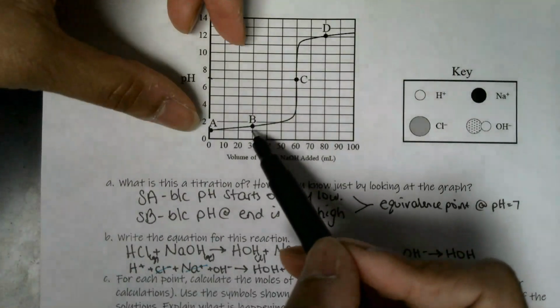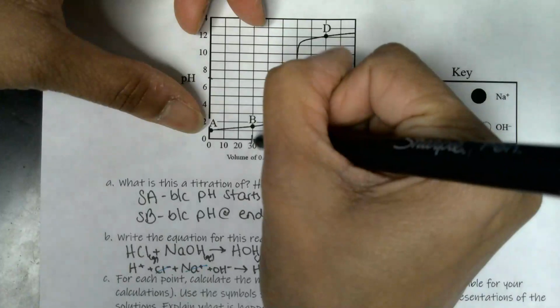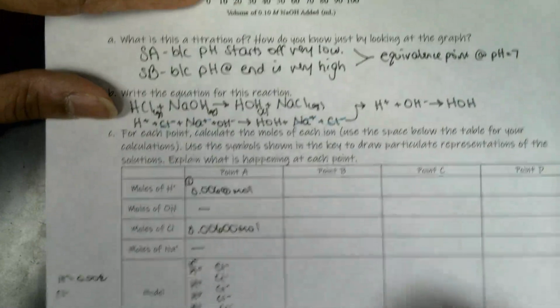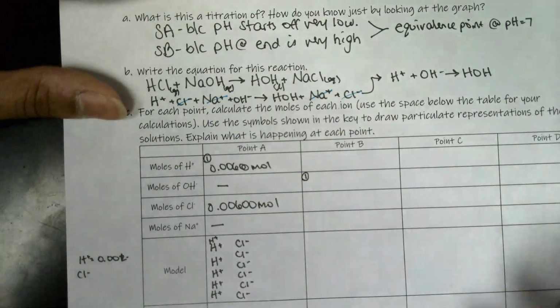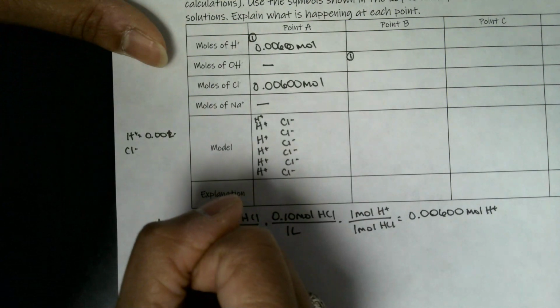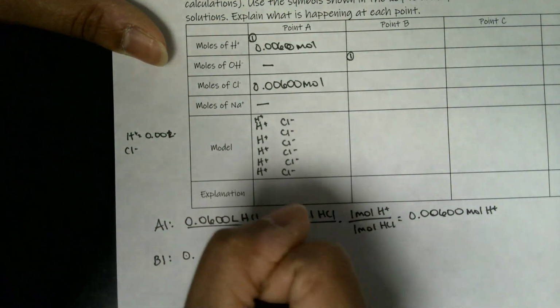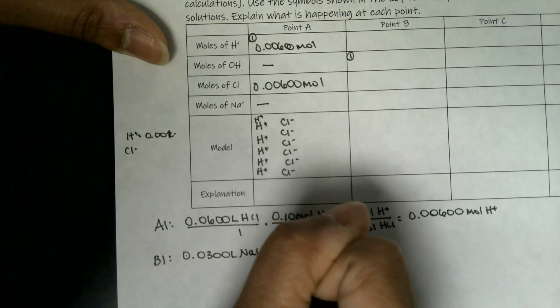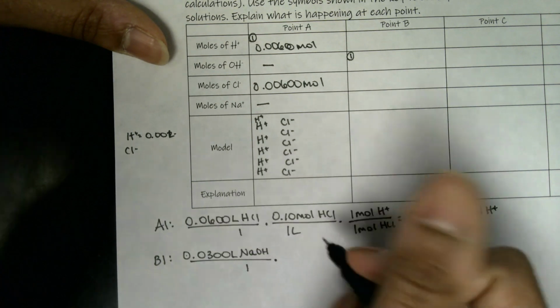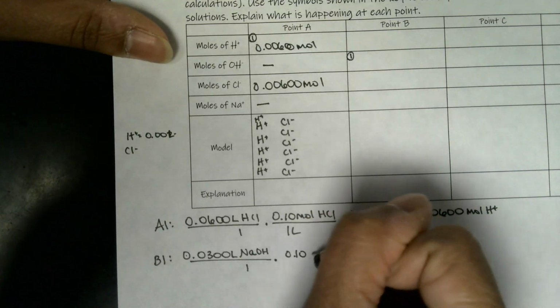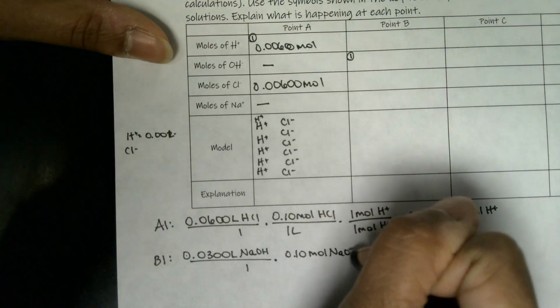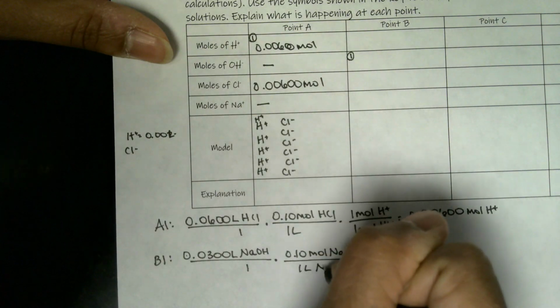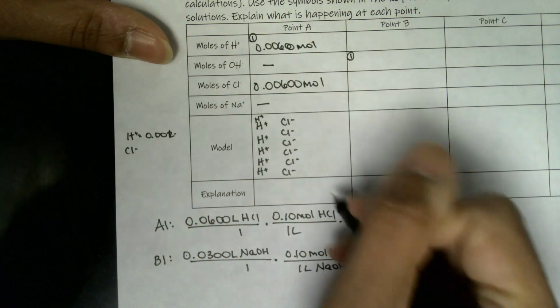All right, let's take a look at point B. Here, we've added some NaOH. In fact, we've added 30 milliliters of NaOH. So let's come over here to the OH section. Let's make this B1, and I will do my work down here. I have 30 milliliters, 0.0300 liters of NaOH over 1, and that is 0.10 molar, so 0.10 moles of NaOH for every 1 liter of NaOH.